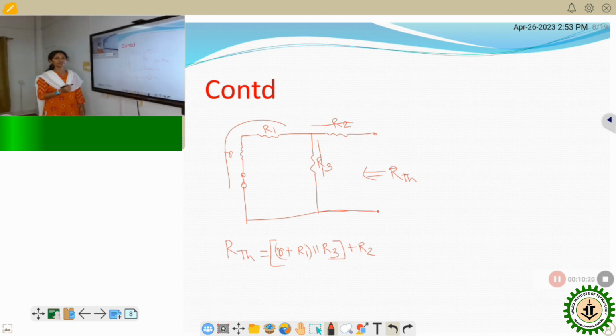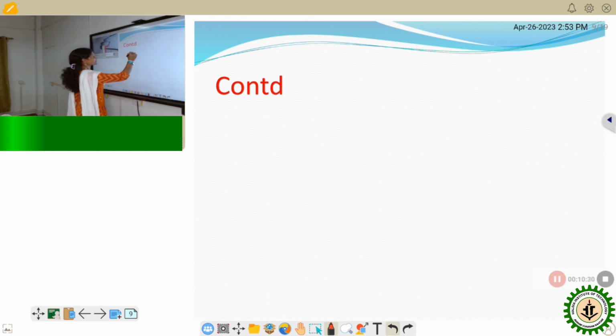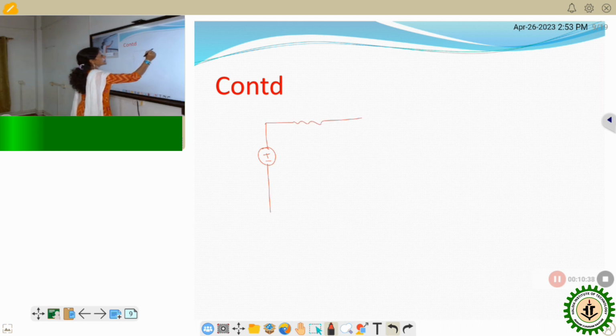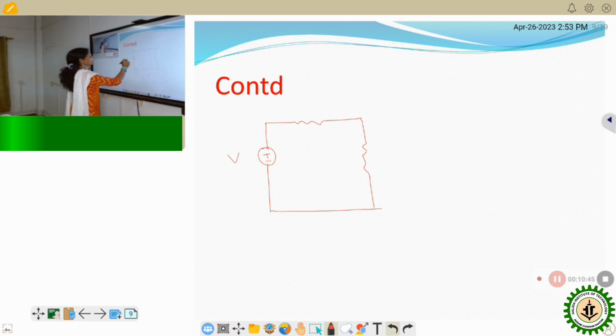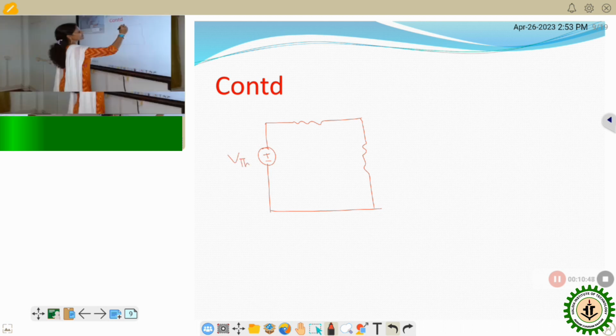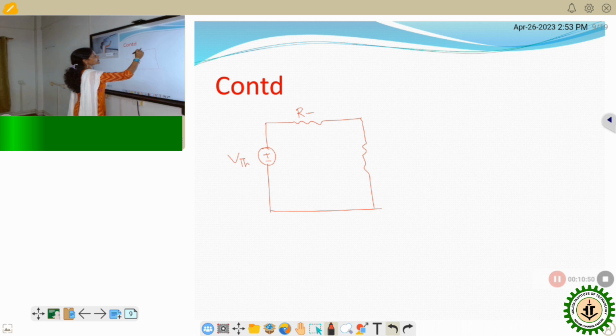Then after calculating the Thevenin equivalent resistance, redraw the Thevenin equivalent circuit. If we redraw it, we get this, which contains VTH and RTH, and reconnect RL.